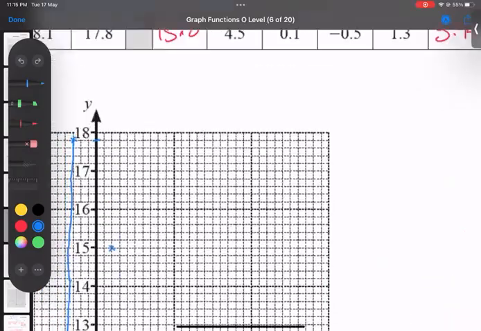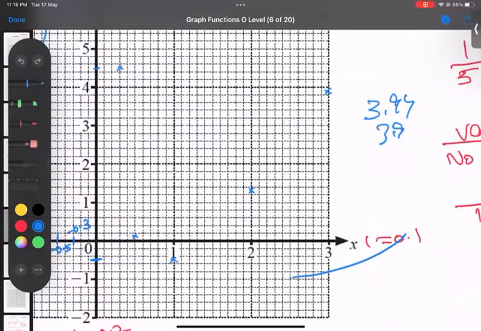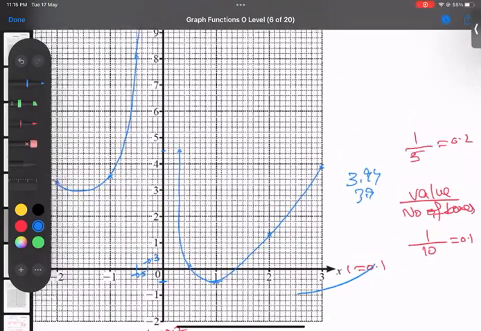And let me check against 2, 1.3. And okay, I'm going to draw. So this is a little awkward kind of graph. I believe it is okay.